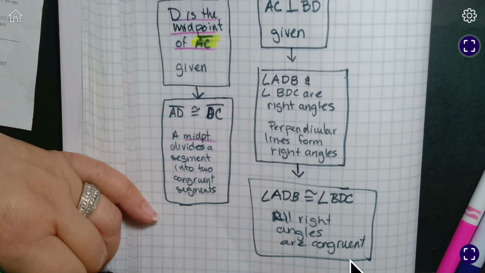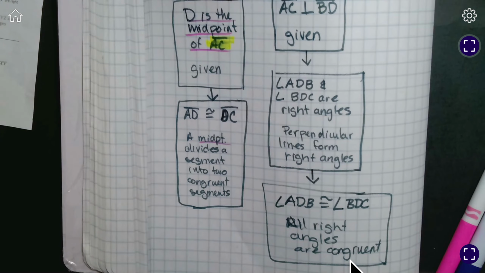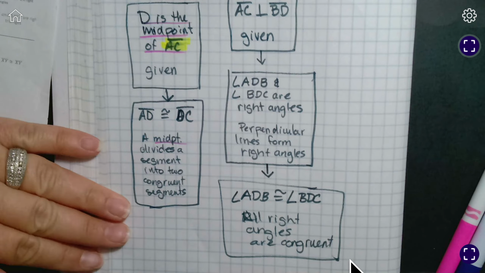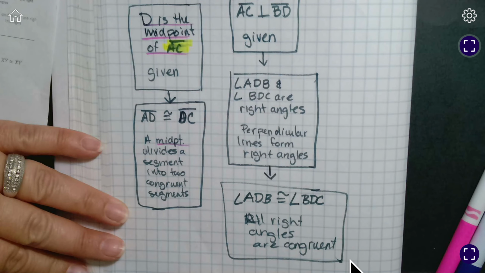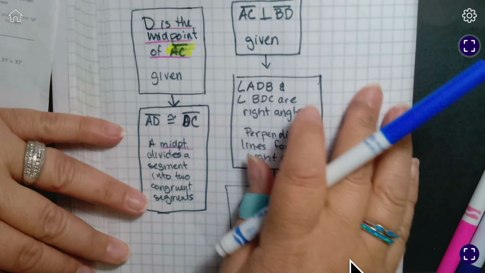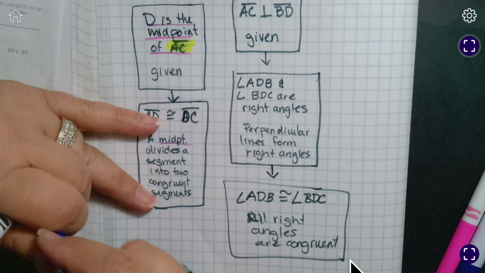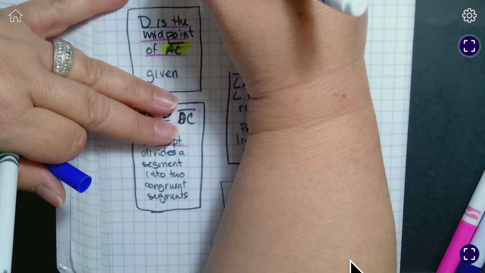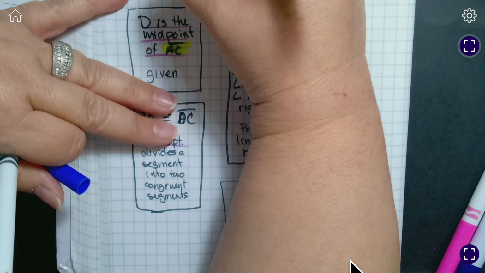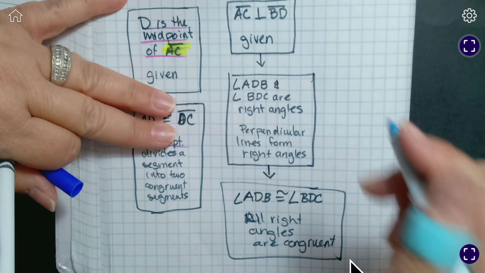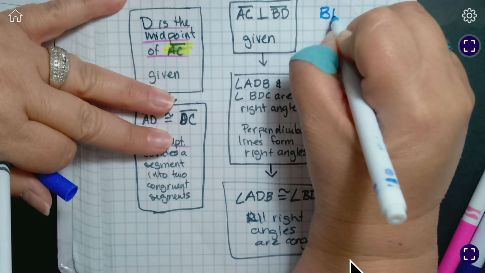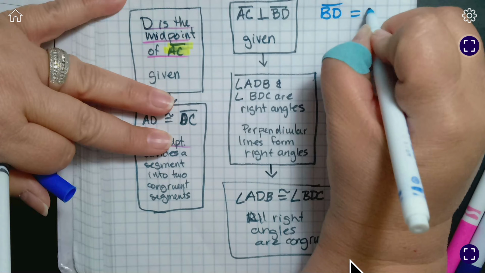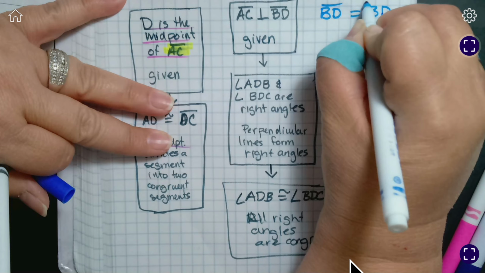And then the last thing. I know you're packing up, that's okay. I think this is a video, so I'm going to finish this and put it online. So let me finish this real quick. The last thing on here is, if you'll notice, both of these have BD. That is reflexive. So you say BD is congruent to BD.